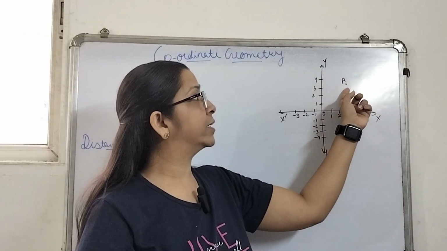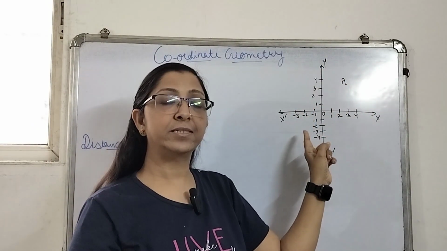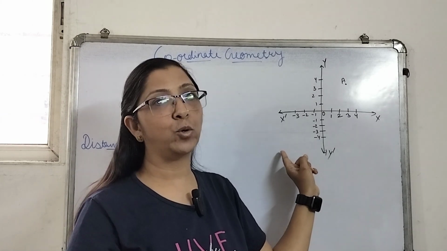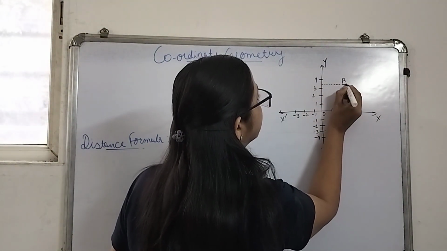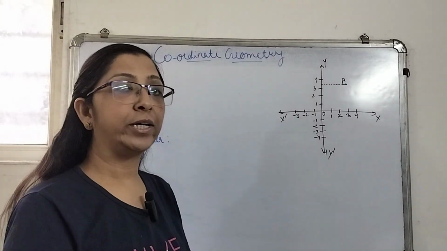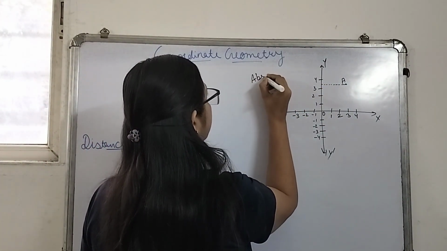Now suppose we have taken the point A. The distance of this point from the y-axis is known as its x coordinate. That means this distance is its x coordinate, and this x coordinate is also known as abscissa.